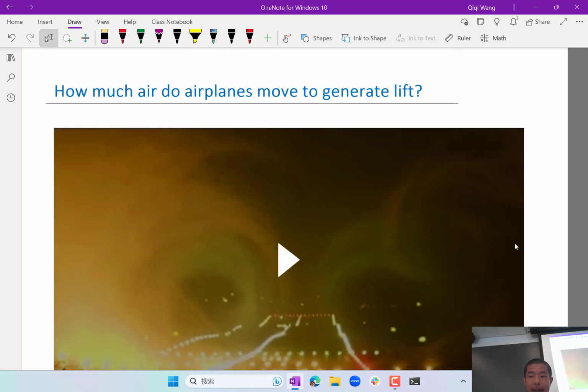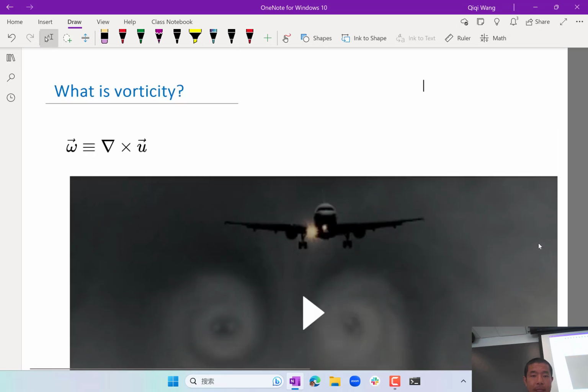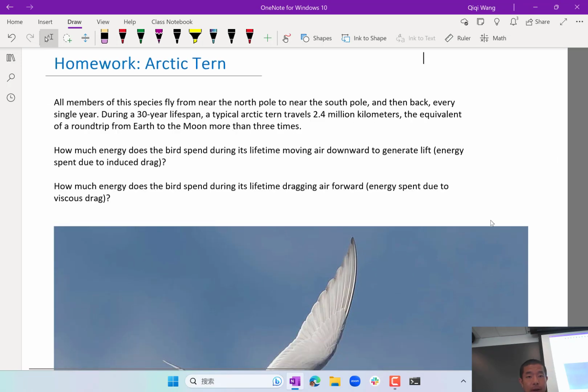Okay, finally, we don't have time to look at this, but we are going to have another homework that's looking at a bird. It's really remarkable that this bird, during its entire lifespan, flies the equivalent of a round trip from Earth to the Moon more than 3 times.